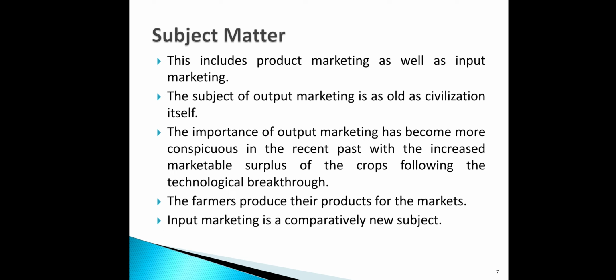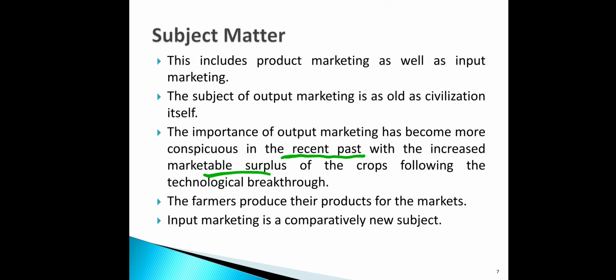The importance of output marketing has become more conspicuous in the recent past with the increased marketable surplus. Now the farmers are not only looking at subsistence farming, taking production for their own consumption, but they have changed their views to commercial farming.